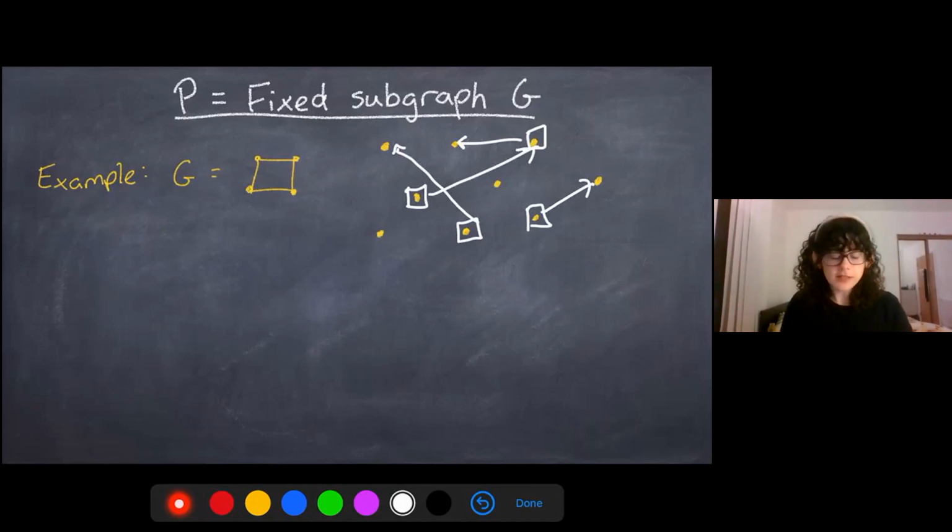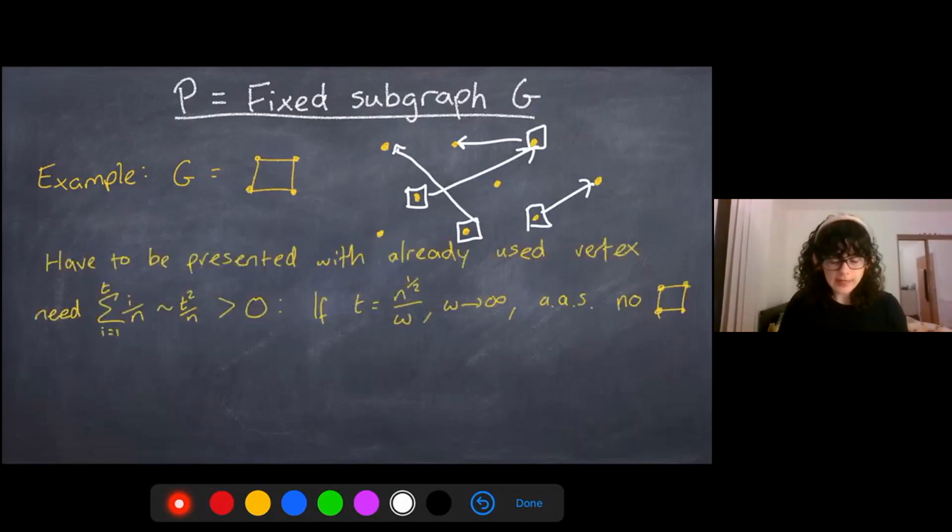So if you never see a vertex that has already got an edge connected to it, you can only make forests. So we need that at some point the random process gives us a vertex we've already seen in order to make this a cycle.